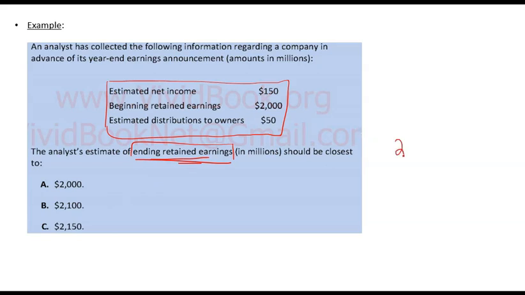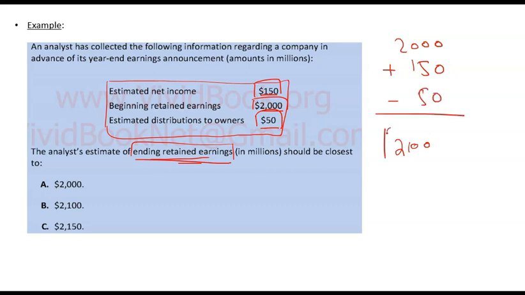2100. That is your beginning retained earnings, 2000, plus your net income for the year, and minus dividends. That is your distribution to owners. That is 2100.